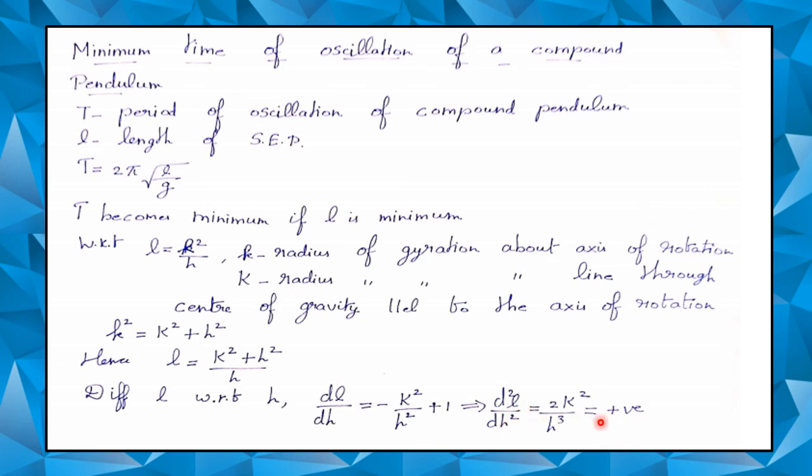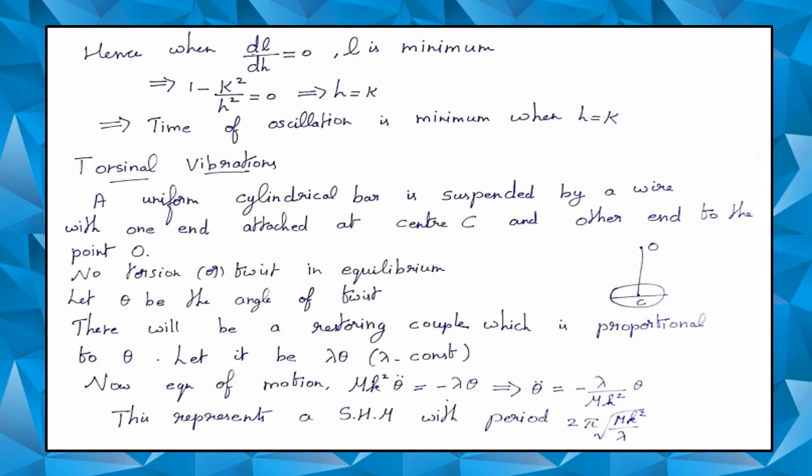If the second derivative is positive, then the value is minimum. The minimum value can be obtained by equating the first derivative to 0, that is dL by dh is equal to 0. If we equate this to 0, we get h is equal to K. So the time of oscillation is minimum when h is equal to K, that is the radius of gyration.